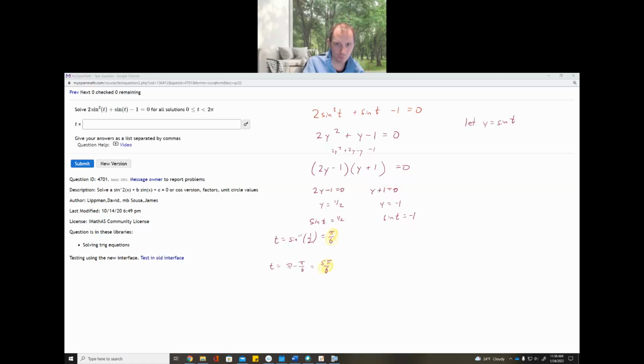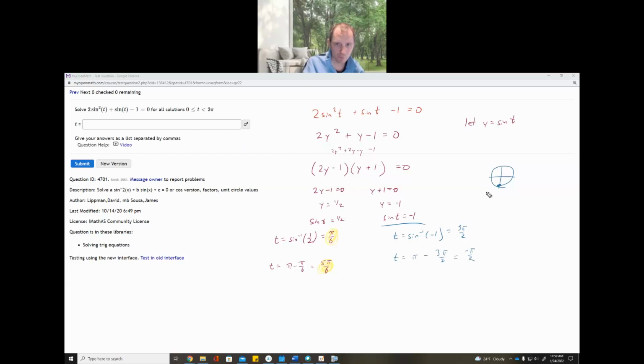Now, as an almost completely separate problem, we solve sine of t equals negative 1. I could try sine inverse of negative 1, or if I just think about the unit circle, the y value is going to be negative 1 when I'm pointed straight down, or at an angle of 3 pi over 2. When I look at the unit circle, I see there shouldn't be a second value. And when I try it, when I take pi minus 3 pi over 2, I get negative pi over 2.